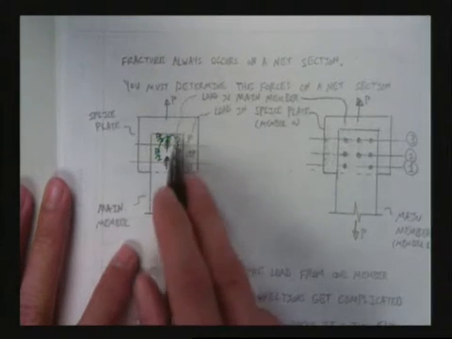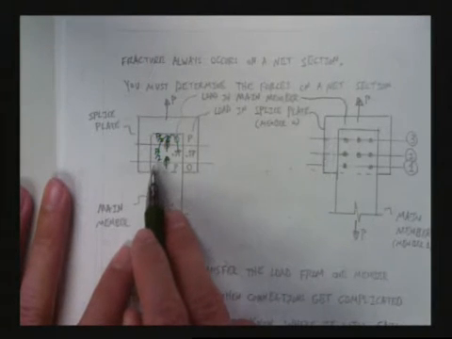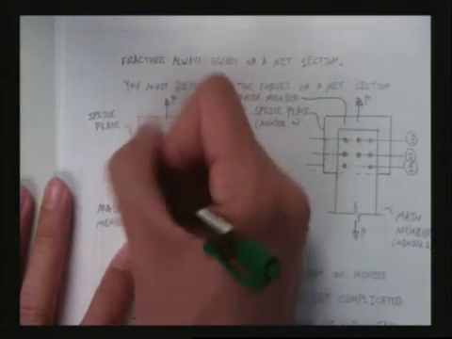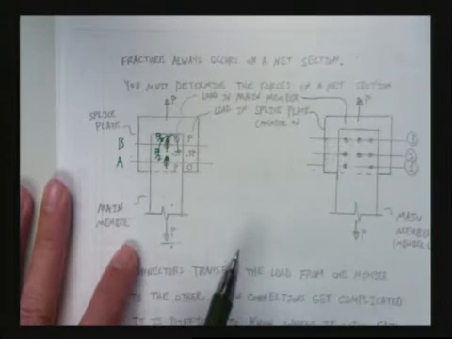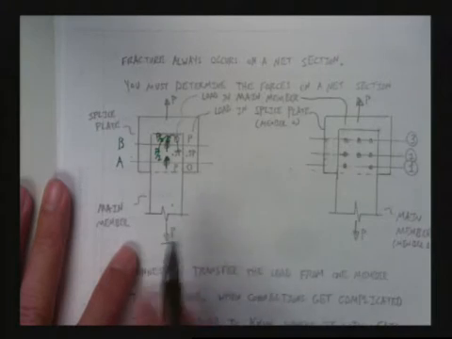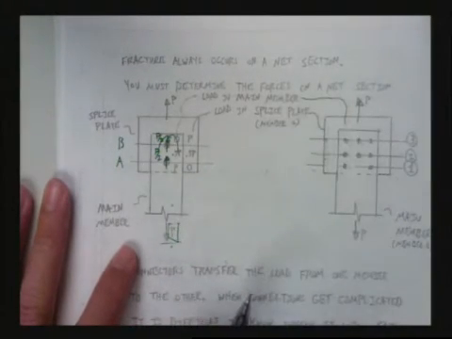If I'm trying to win a bet on whether this top plate is going to fail on line A or line B, which line do I want to bet all my money on? A. Why? It's closest to the load. That's a true statement, but not a very good answer.